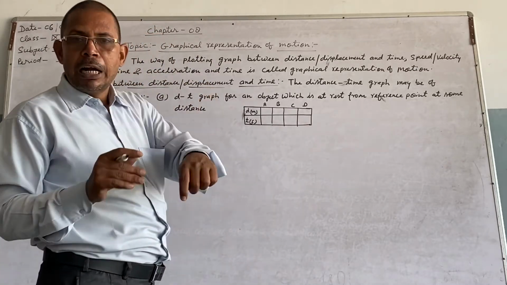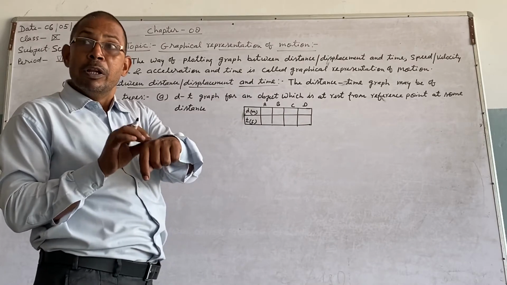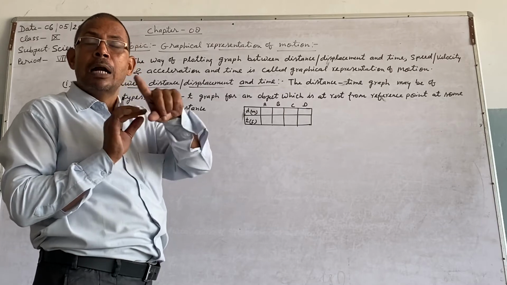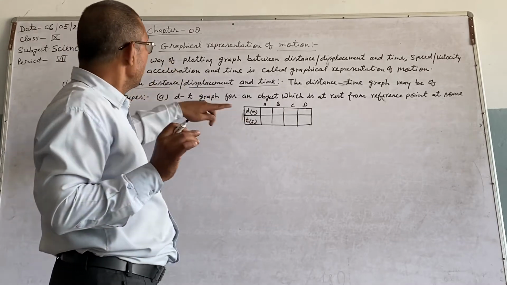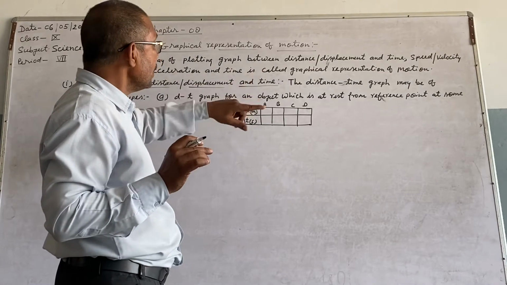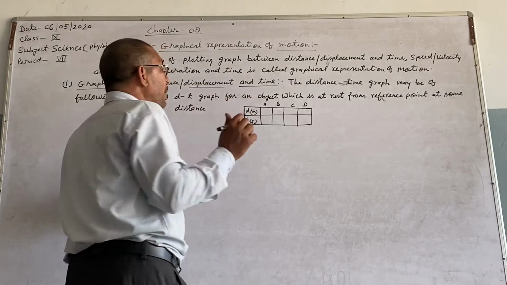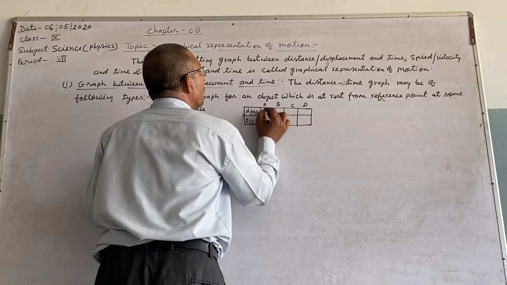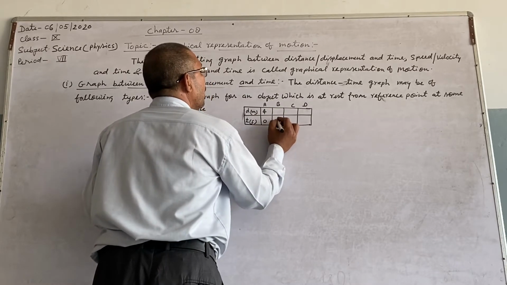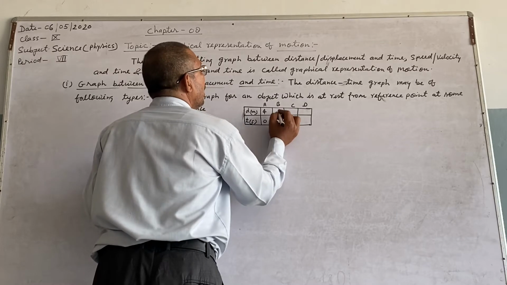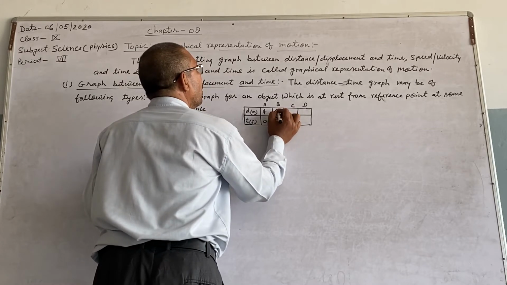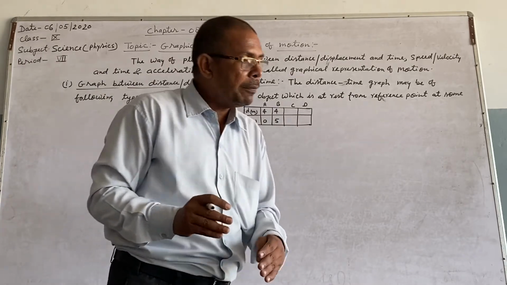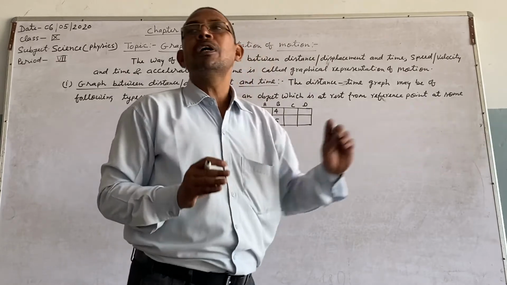Initially, when you start to see the time, when you start to study the distance, that is motion, in beginning, what will happen? At time t0, let distance is 4 meter, and after 5 seconds, let it will be 4. That is, object is in state of rest at 4 meter from the reference point.